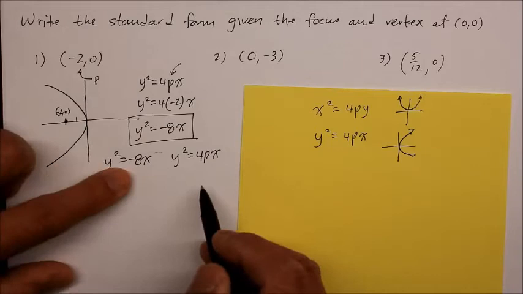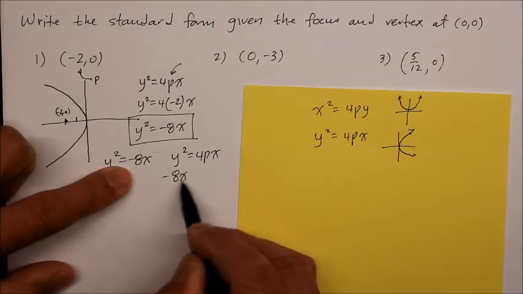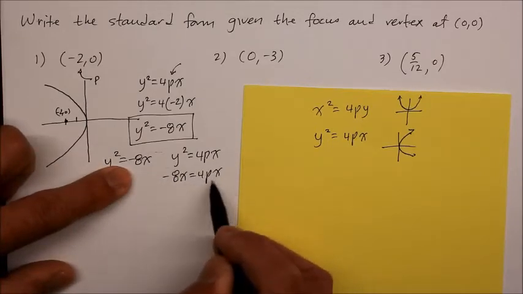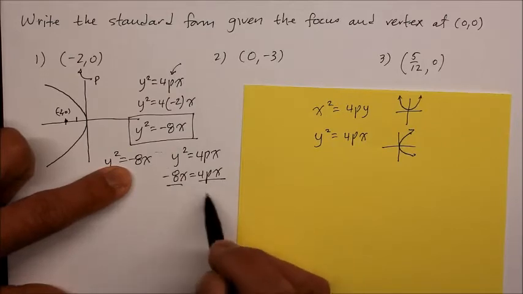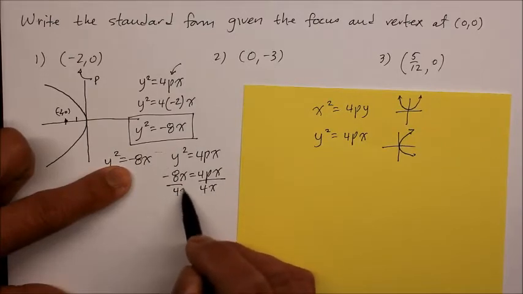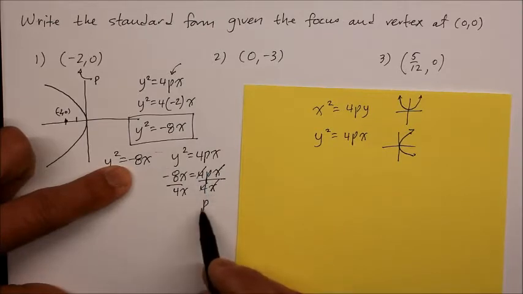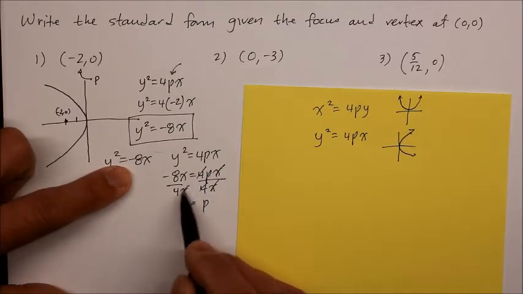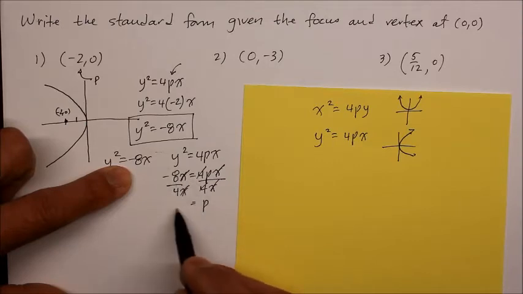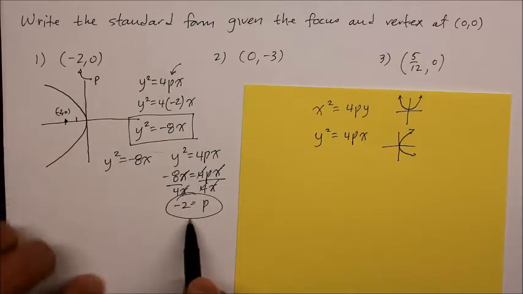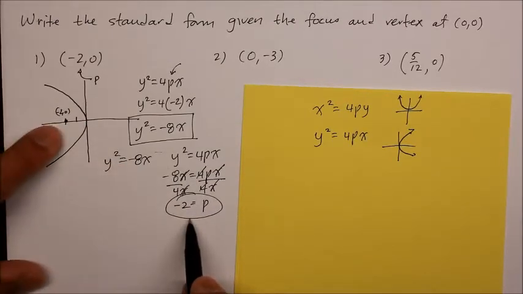And since y squared is -8x, that's what we put over here. And we solve for p to find the focus. To do that, we divide both sides of the equation by 4x. So that the 4x cancels out, the x cancels out, the 4 reduces -8 to -2, and that's how we found the focus, which was right here. Now you see, it's backwards.